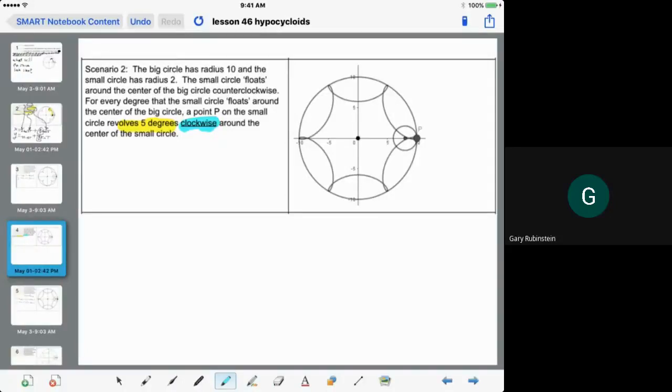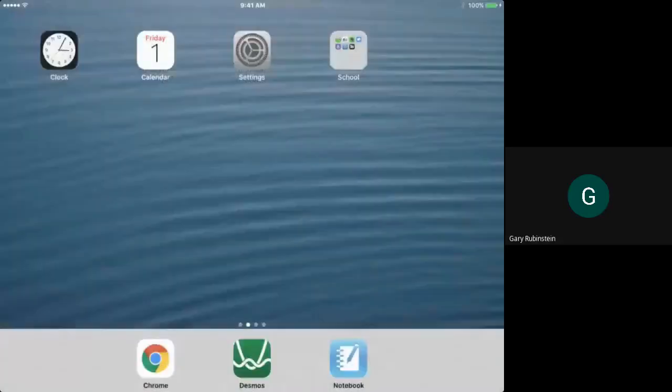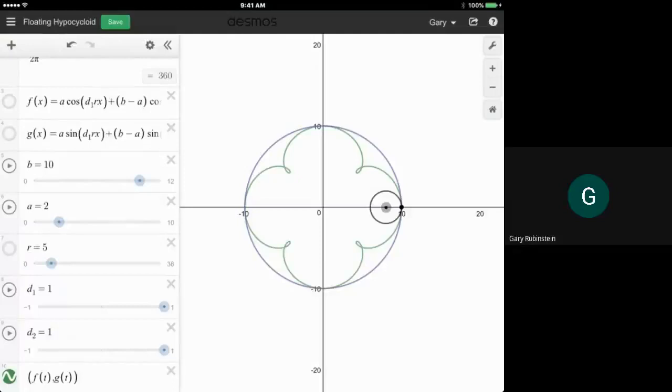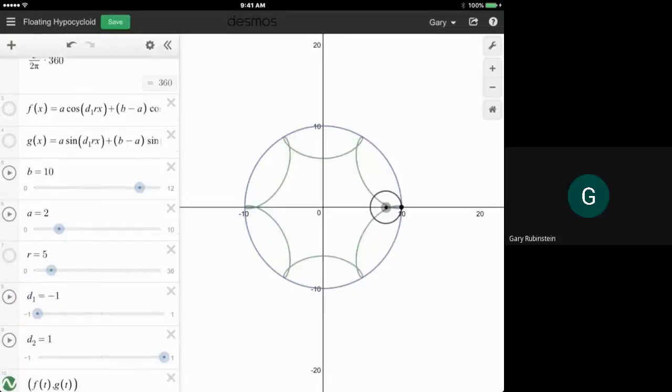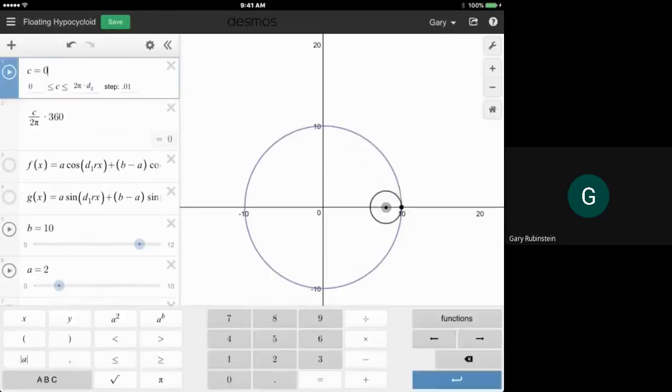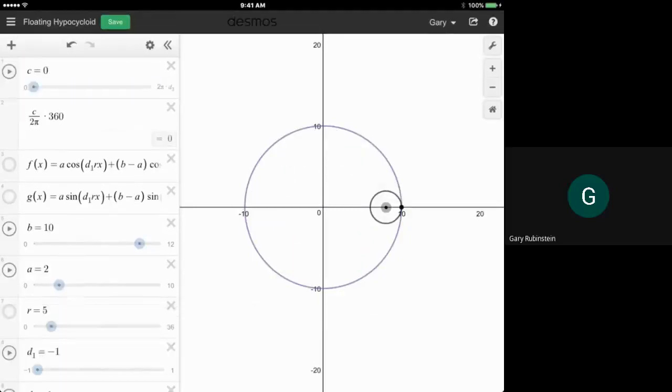I'll show you what this looks like. The main difference here, on my Desmos sketch, is that I just have to make one slight change. I come over here and make this one negative. And now watch. You see the circle is going counterclockwise, but the circle is rotating clockwise.